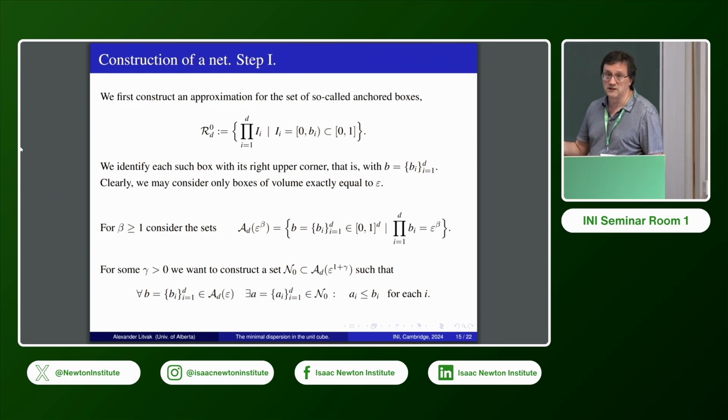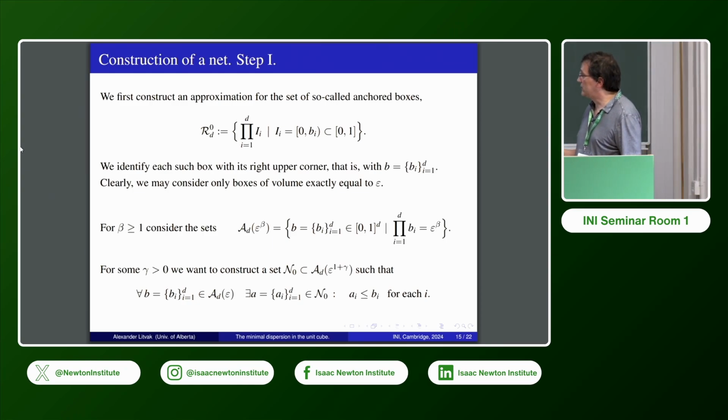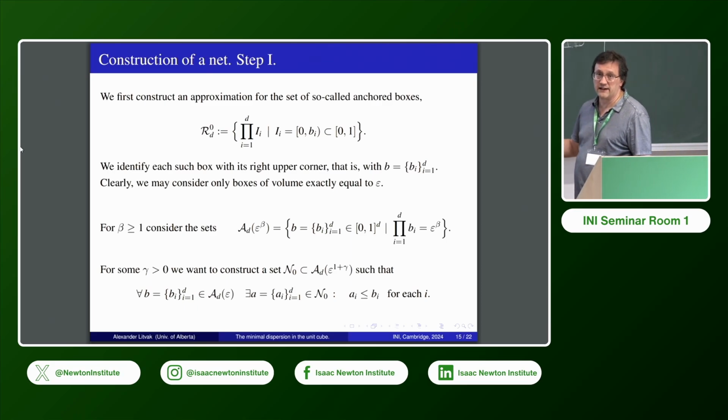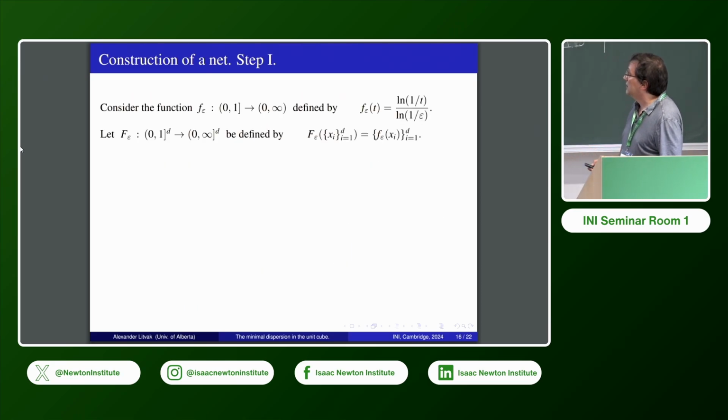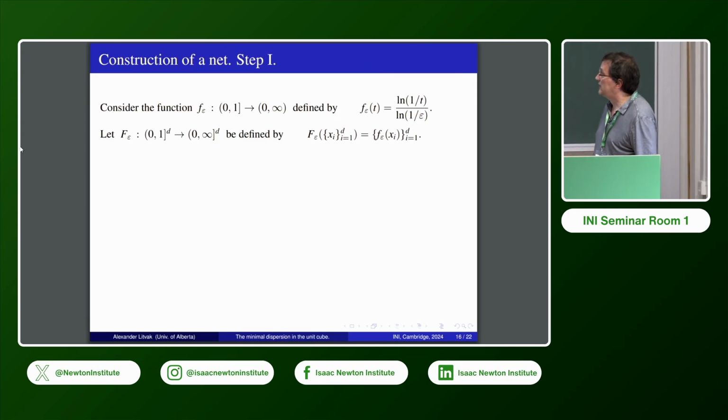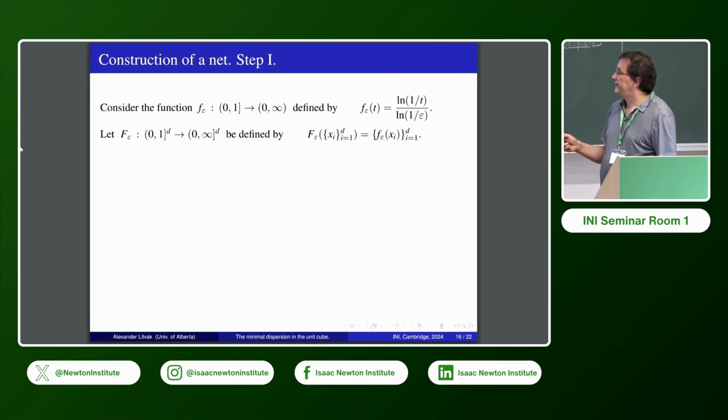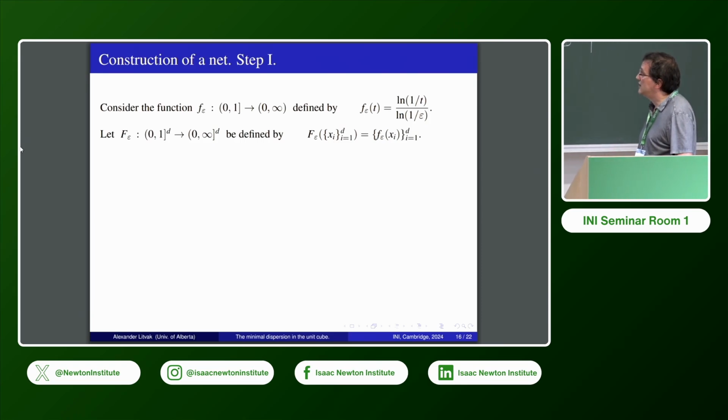Of course, with a product it's not very easy to work, so we will apply a logarithmic function to pass from product to sum. So f of t is essentially the logarithm of 1 over t, normalized with ln of 1 over epsilon. And we consider a function of capital epsilon, which sends such a vector to such a vector. So I apply this function coordinate-wise.